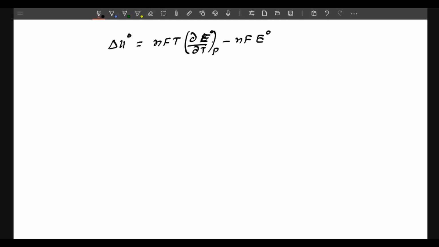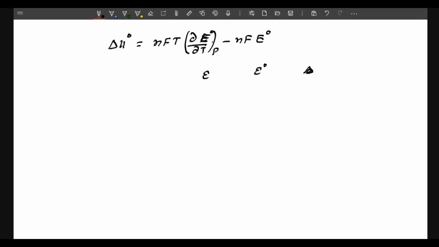This is for the cell EMF. A similar equation can be used for the electrode potential reaction. For this, instead of E, you should put epsilon. That's the only difference.